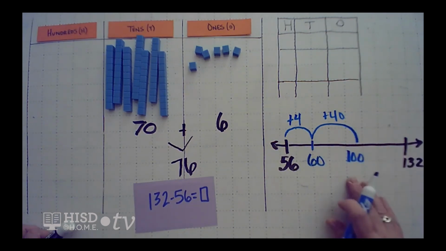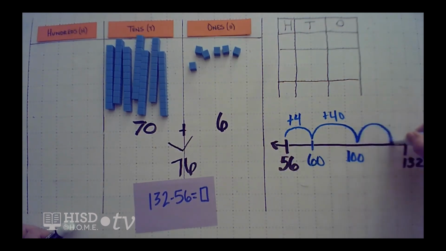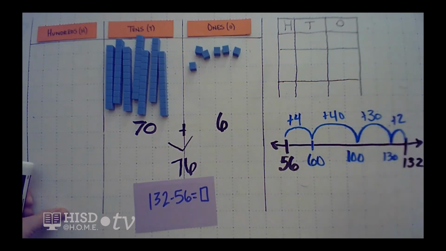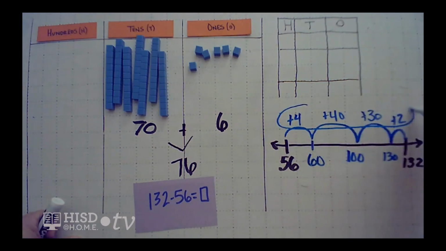And if I make another big jump, I need to get to 130 at least. If I make another big jump of 30, then I'm at 130. And then I know a jump of 2, because I like 2s, a jump of 2 will get me to 132. So what I'm going to do is mentally work with 40 and 30 and 4 and 2.